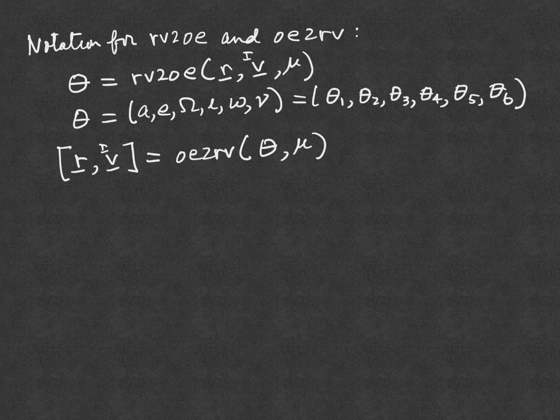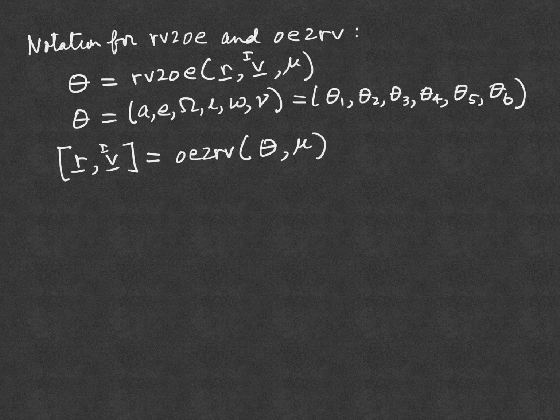So that's the notation that we're going to use. Whenever we say RV to OE, we mean what I've written here. Whenever we say OE to RV, it's the same thing. So I've written it in the form of a function, or a computer function, if you want to think of it that way.